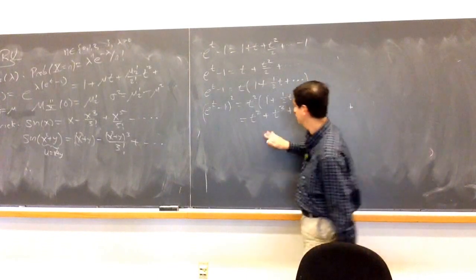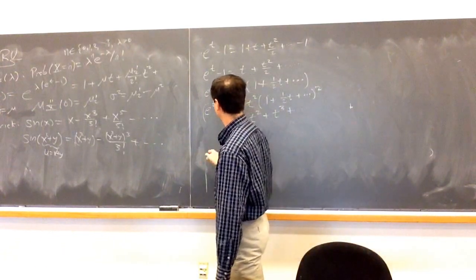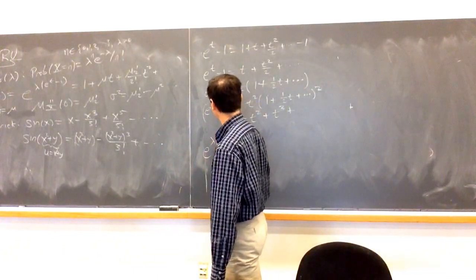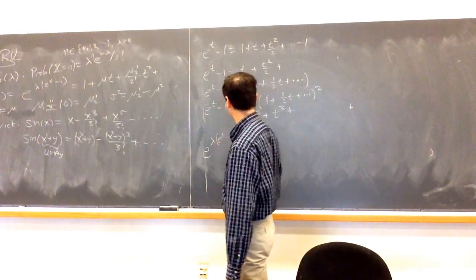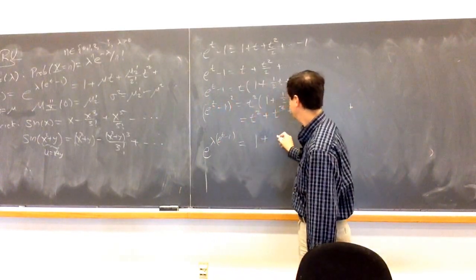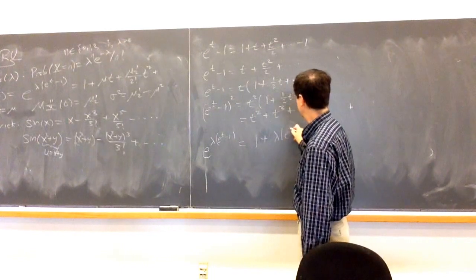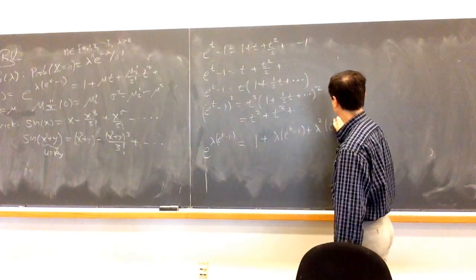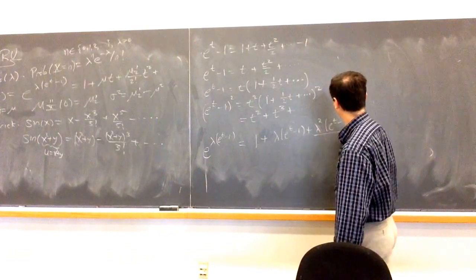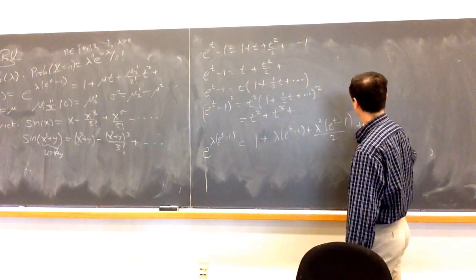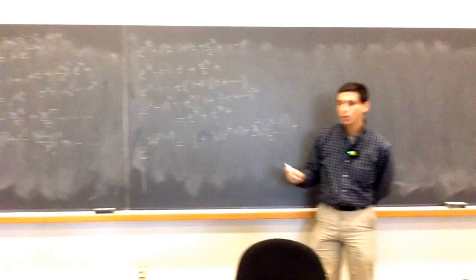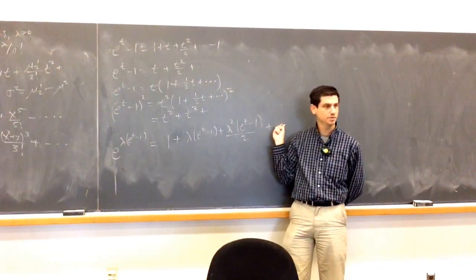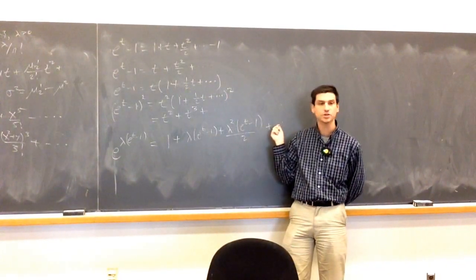So we can use this to calculate the Taylor series very easily. If I have e to the lambda (e^t - 1), this is 1 plus lambda (e^t - 1) plus lambda squared (e^t - 1) squared over 2 plus dot dot dot. What can you say about the next term? What size in t is it going to be?